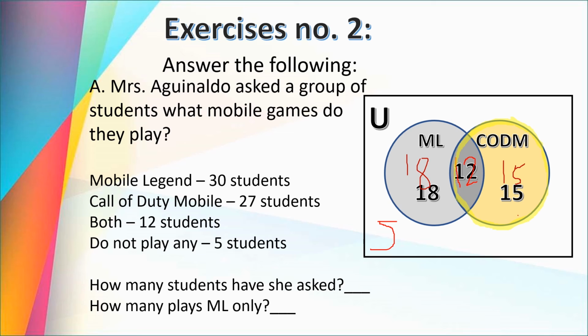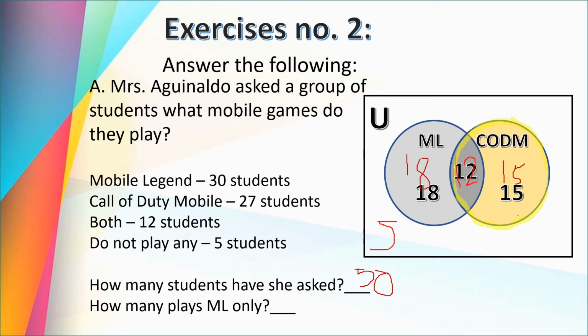So, simply, add lang natin siya. 18 plus 12, which is 30. 30 plus 15, which is 45. Then, 45 plus 5, which is 50. Ibig sabihin, ang total number of participants natin is simply 50 students. So, ganun lang po kasimple.